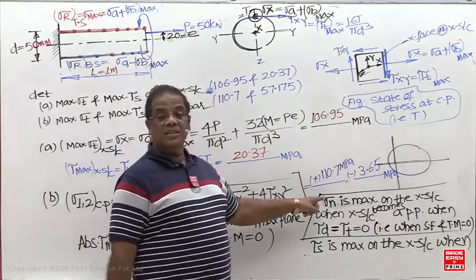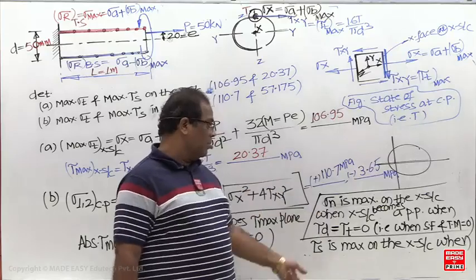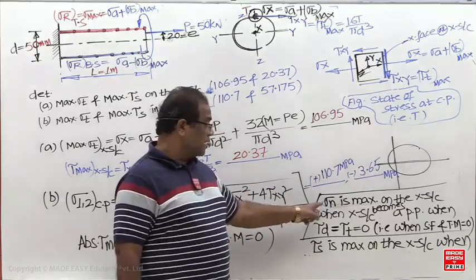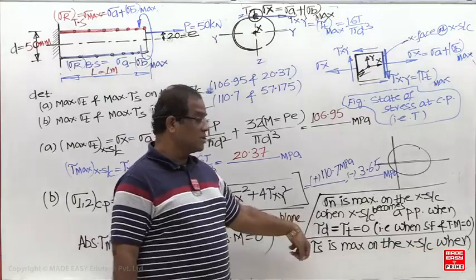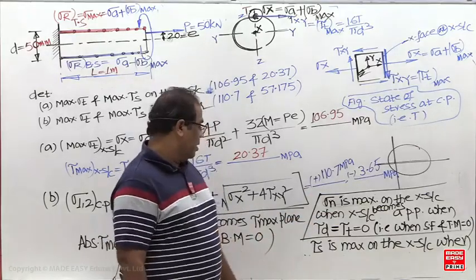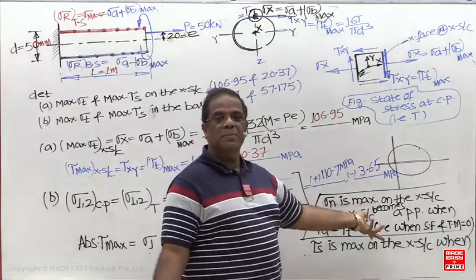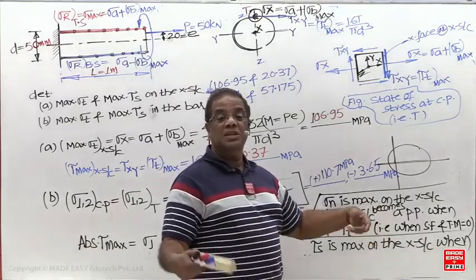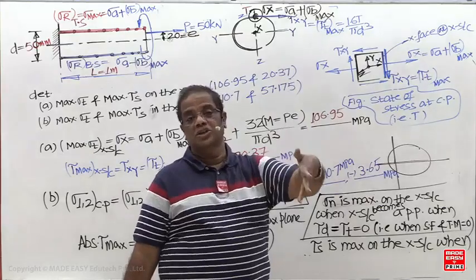Similarly, the cross section becomes a principal plane when the normal stress becomes maximum. When the cross section becomes a principal plane, it means shear stress is 0, that is, direct shear and torsional shear stress are 0.